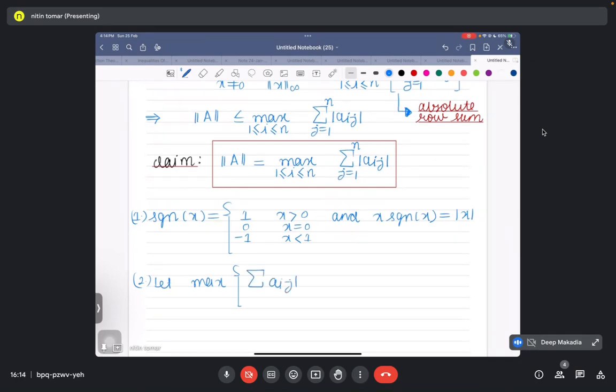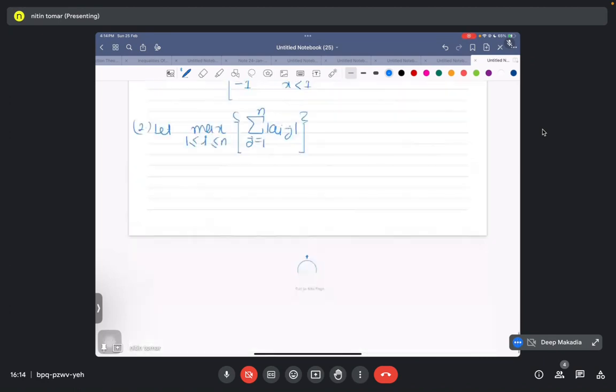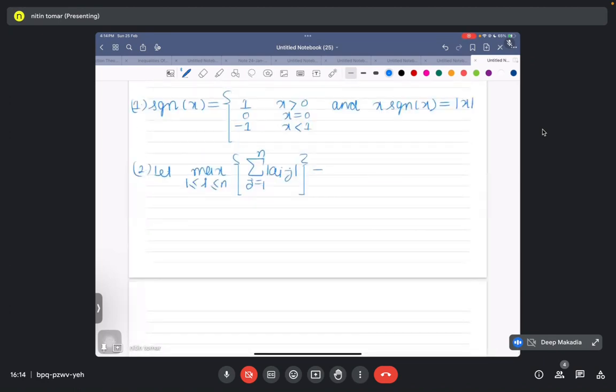So this is the absolute row sum, with i going from 1 to n. The maximum will be attained at some point, right? So let us say the maximum is attained at k. Let us say the absolute kth row sum is the maximum.